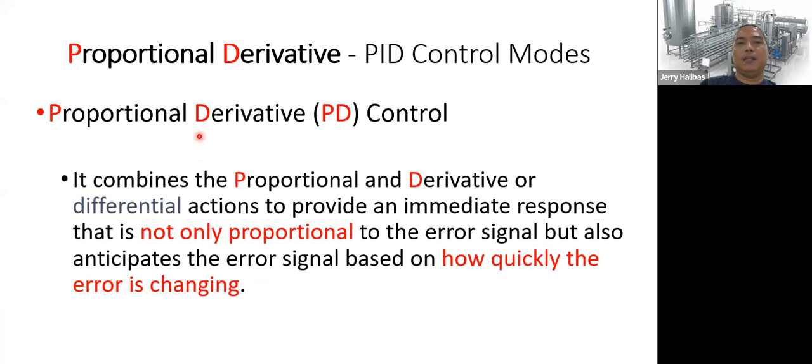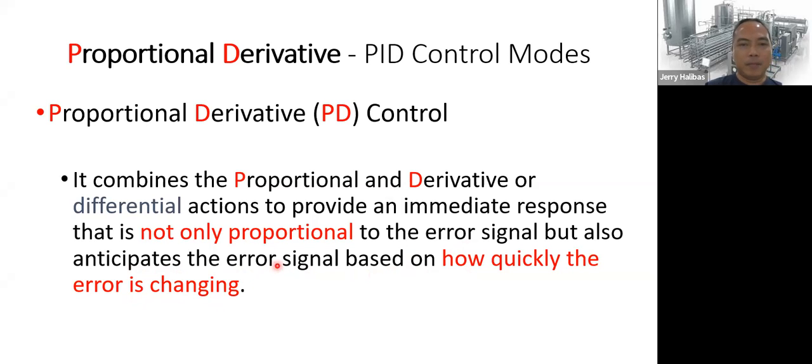Technically, it is the proportional controller added by the derivative controller. It combines the proportional and derivative or differential actions to provide an immediate response that is not only proportional to the error signal but also anticipates the error signal based on how quickly the error is changing.